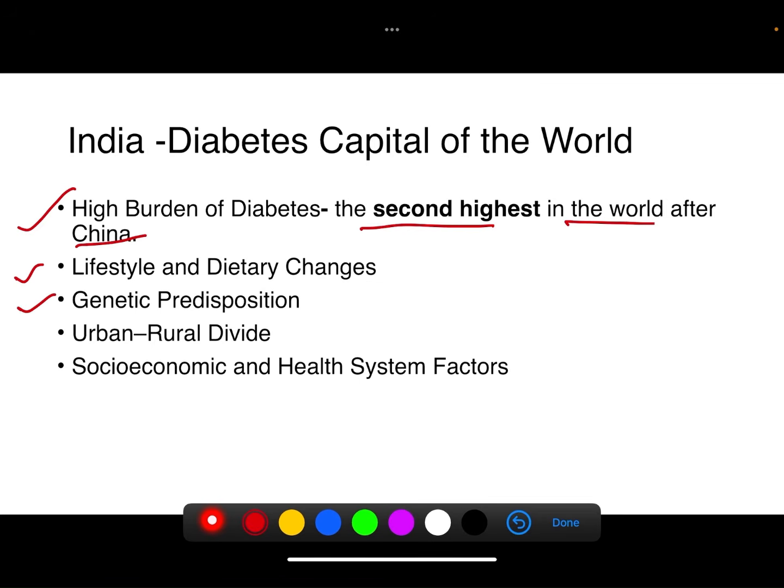Indians have a higher genetic predisposition towards diabetes, especially type 2 diabetes. Even at a lower BMI level, Indians tend to accumulate more abdominal fat, and more abdominal fat leads to insulin resistance.